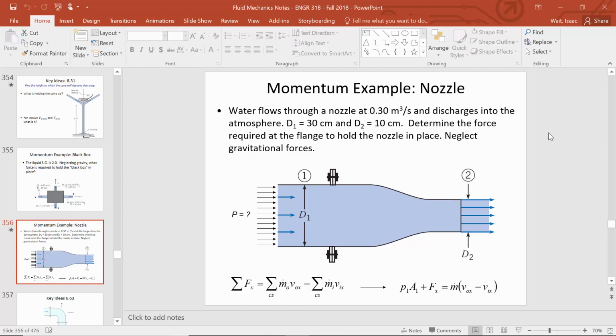But now, on top of just the mass flow and velocity change, there's an external force on the outside of the control surface that we drew. And remember, when we cut this pipe, we didn't physically cut it. The reason we're only seeing a certain pipe segment is because we drew a control surface.